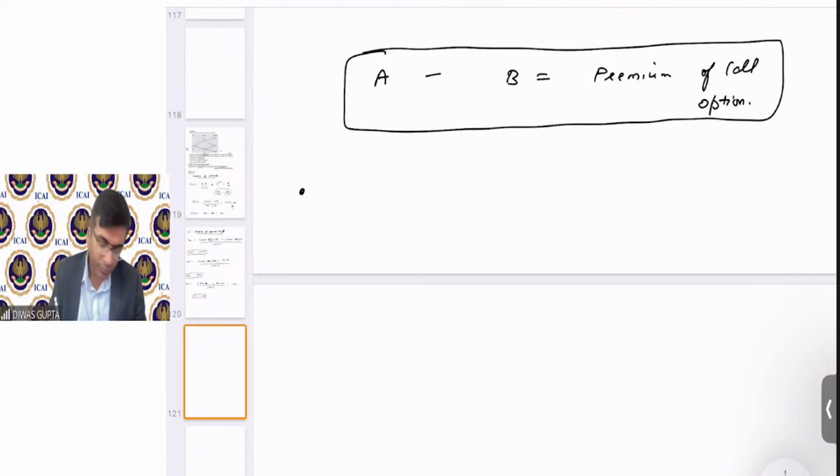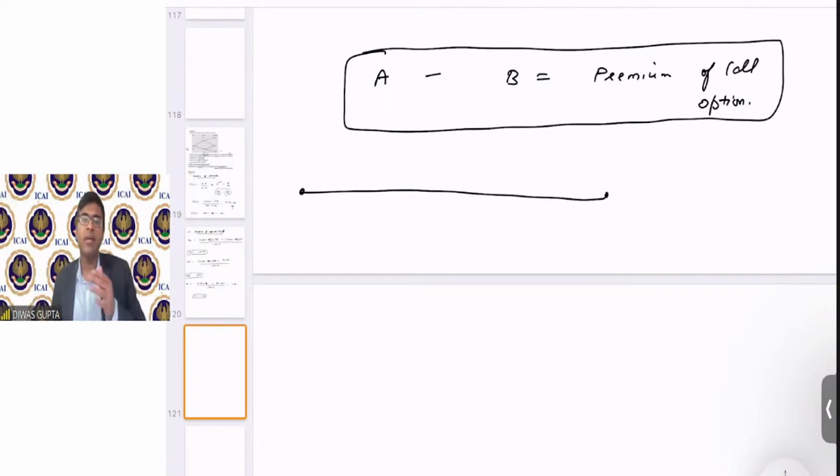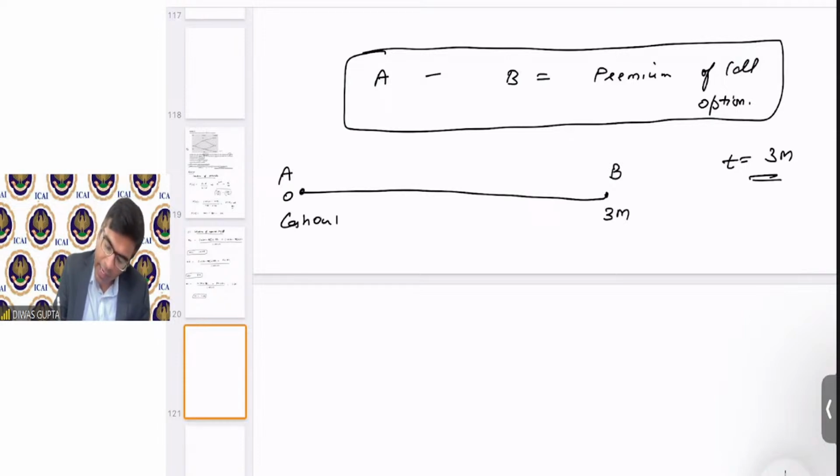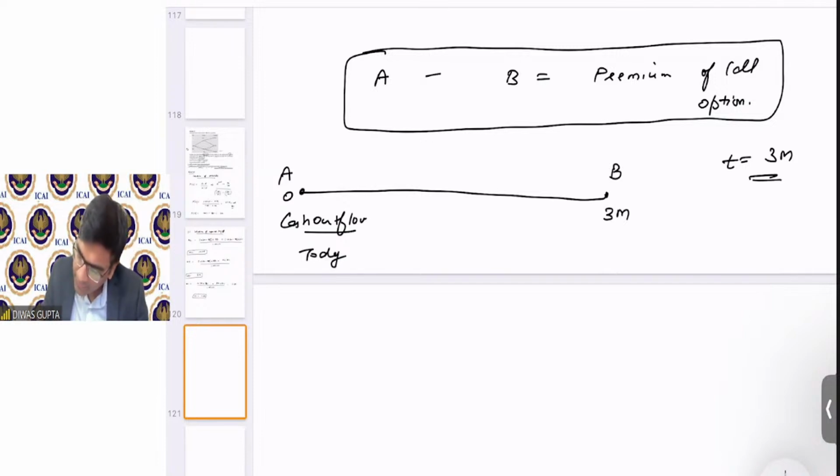Now, there is a time difference between when A and B are happening. A is happening on the 0th day, B is happening on, let's say, 3 months. We are talking about a time of 3 months for this call option to expire. So this cash outflow is happening today, and 3 months later, the cash inflow for strike price will happen.